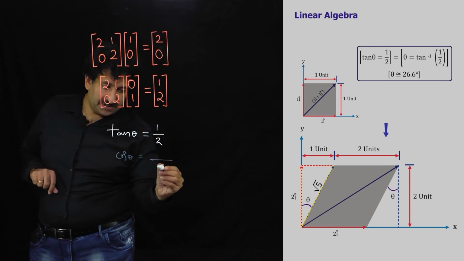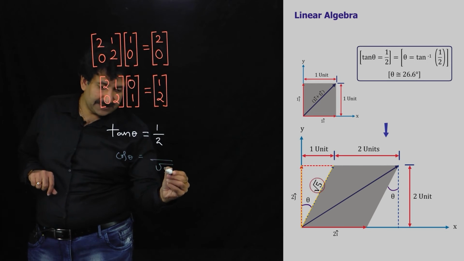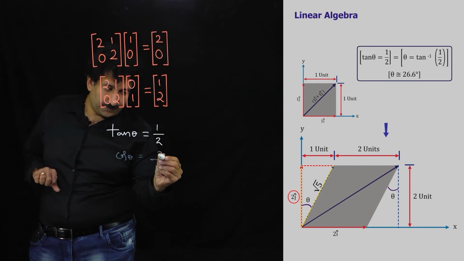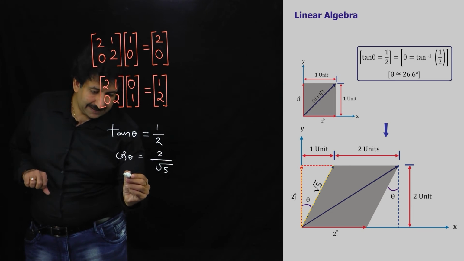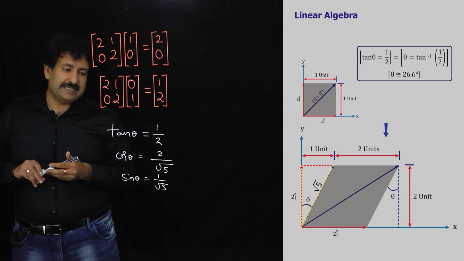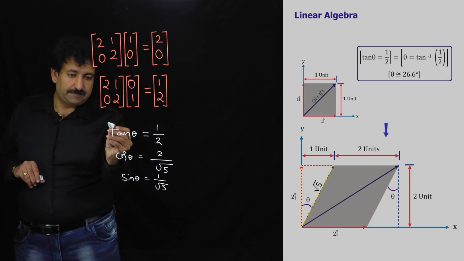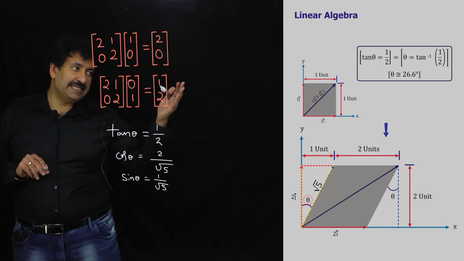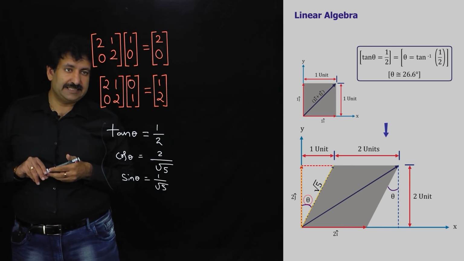Since the hypotenuse is root 5, which you can see in the figure, and the adjacent side is 2, you get this. And if you are talking about sin theta, then obviously it is 1 by root 5. So these are the various measurements of the angle through which the vertical vector has rotated.